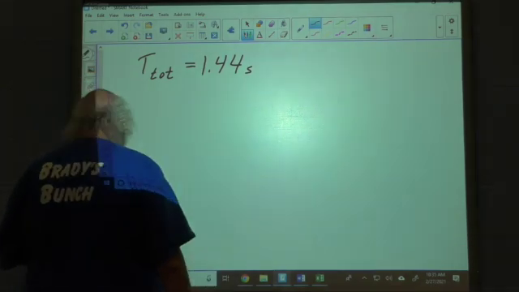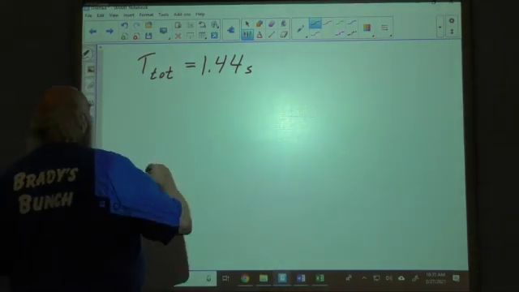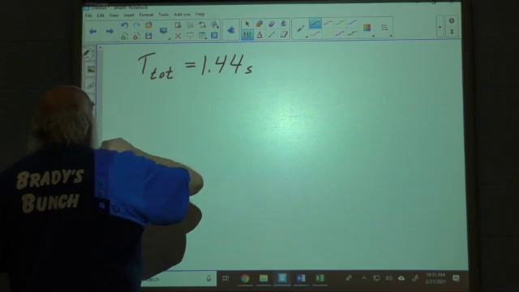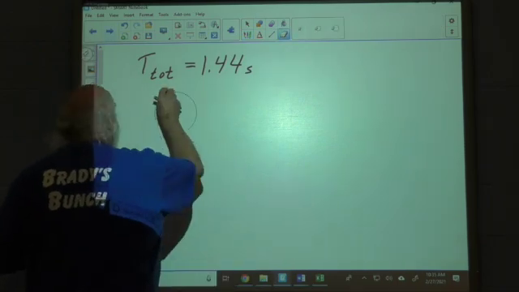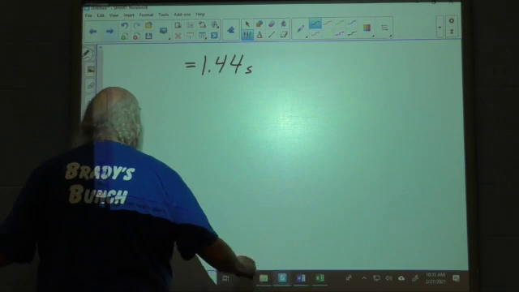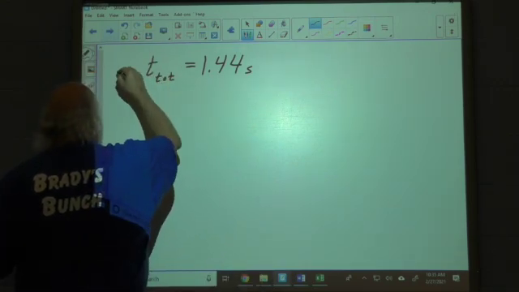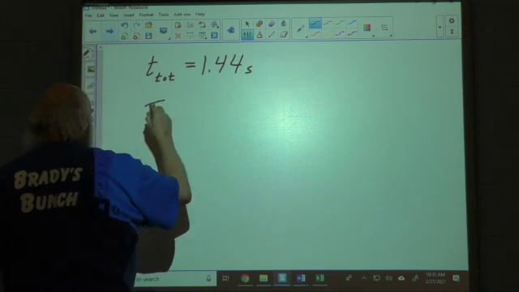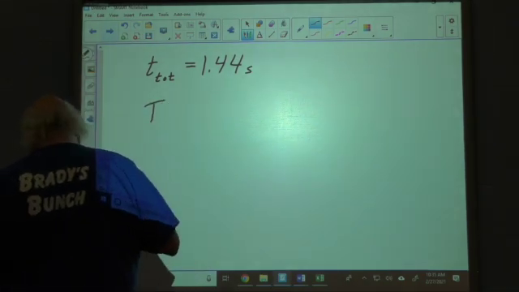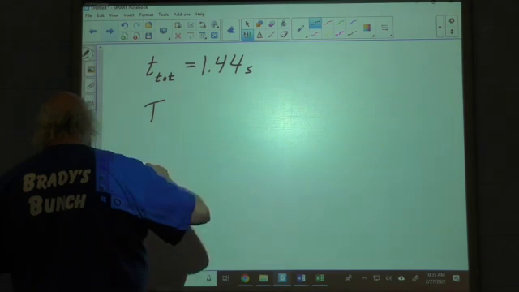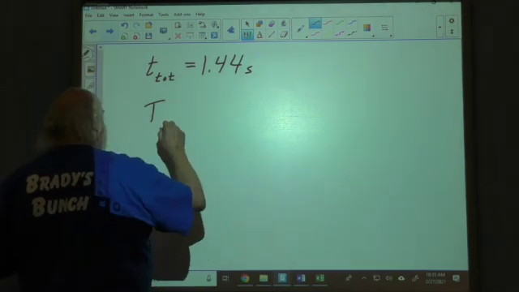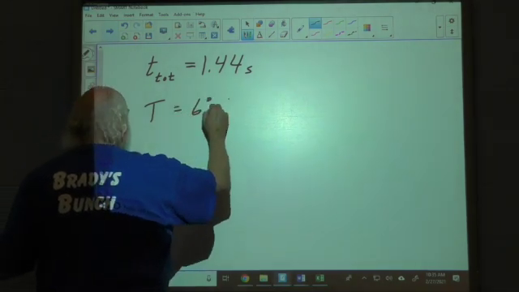And we are told that the temperature, I probably should put a lowercase t for that. That starts to get confusing. So T total, lowercase t is time, capital T is temperature. And the temperature here is 6 degrees Celsius.